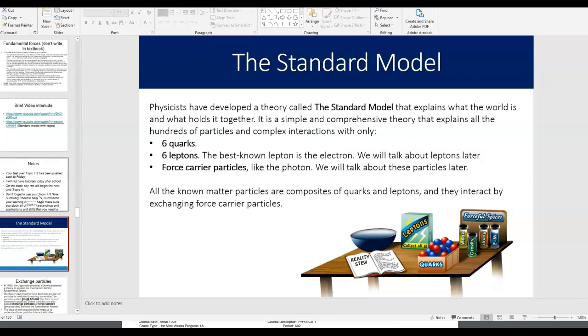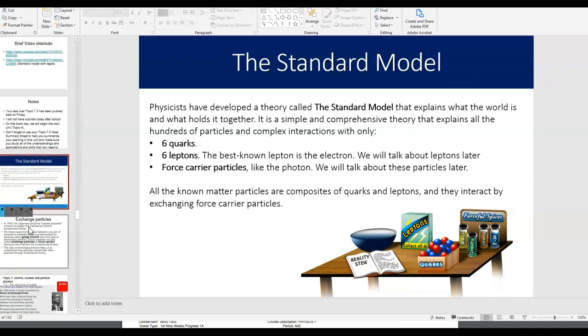As far as we know, all known matter is composed of quarks and leptons, and those quarks and leptons interact with each other by exchanging particles called gauge bosons or force carrier particles or exchange particles. There's lots of different ways of naming that last one, but I will call them exchange particles.